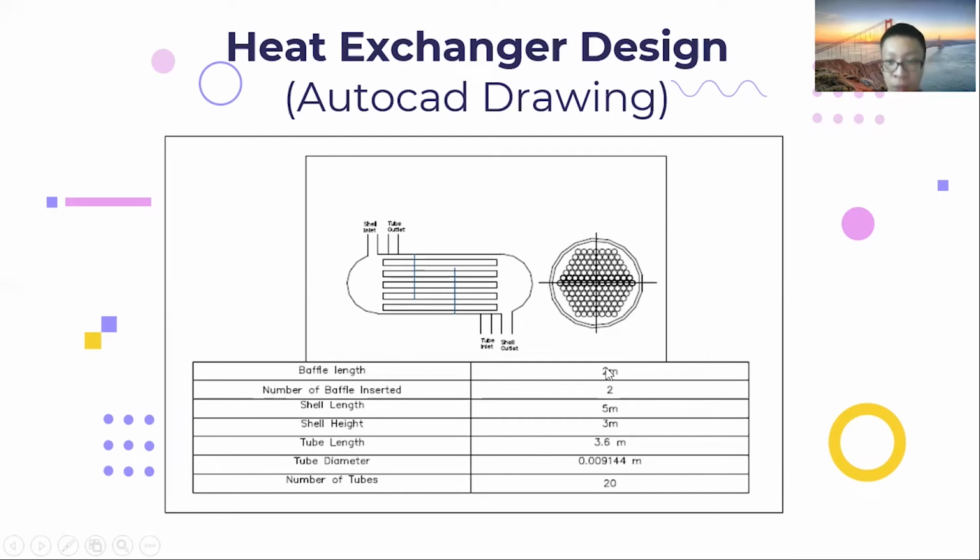Since the baffle length is 2 meter, why is the baffle length so large? In our group discussion, we decided to make both of the fluids be in turbulent state. However, we can't set a very high velocity for both sections.